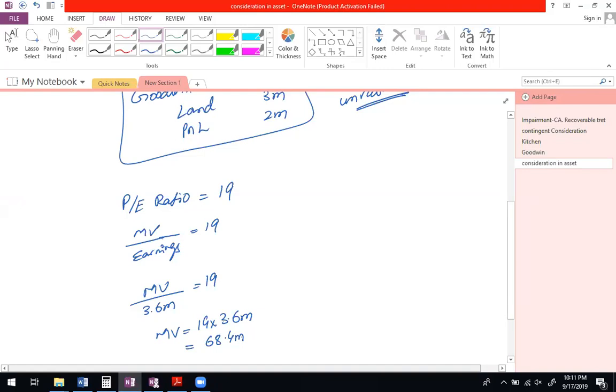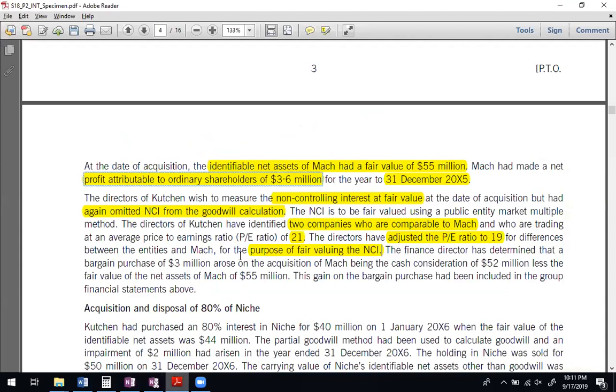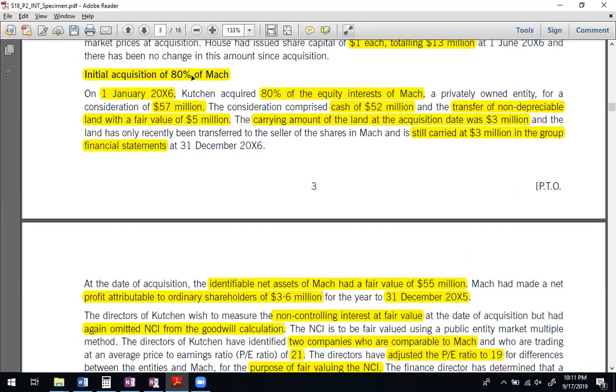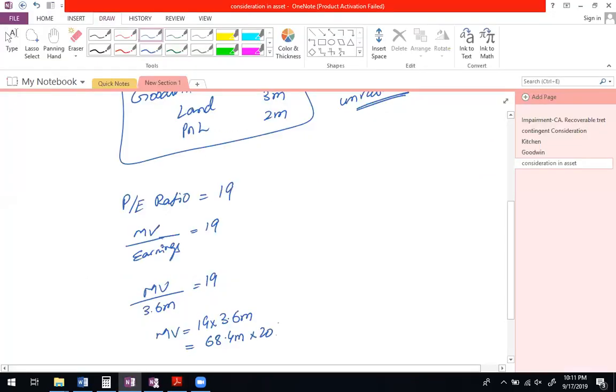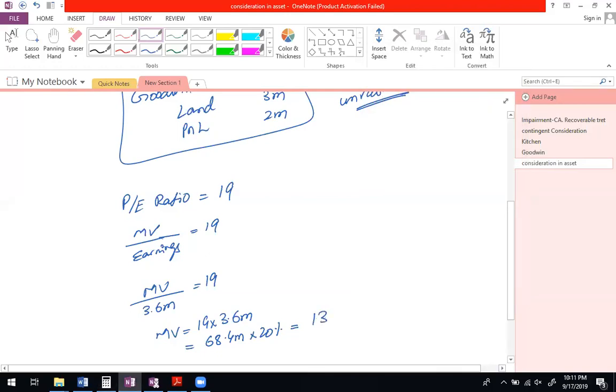This is the market value of the entire company. Out of which, how much have we acquired? We have acquired 80%. So the remaining 20% belongs to the NCI. So 68.4 million into 20% is going to be $13.68 million. This is the fair value of NCI according to the question.